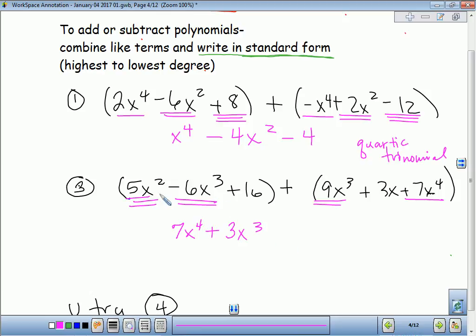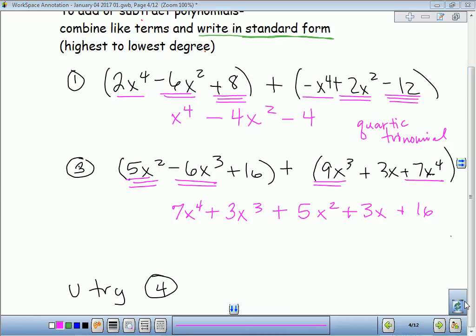Okay, good. And then this would be 5x squared plus 3x plus 16. So this is another quartic polynomial. Very good. Do you have to write the names? You do on that little half sheet, on the bottom part of the notes, but you don't have to. Okay, you try number 4.